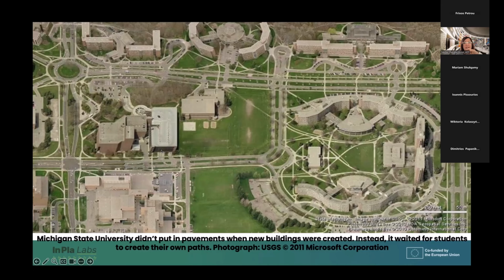That was a really radical approach to design the configuration of their footpaths to connect their new buildings. And this was quite interesting because they let the users create their paths through everyday natural use of space. And you can see how people tend to walk and navigate through space.